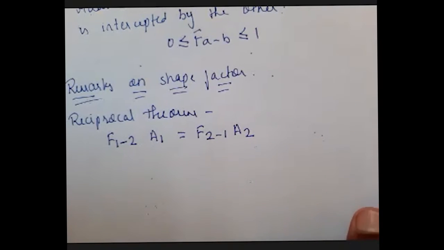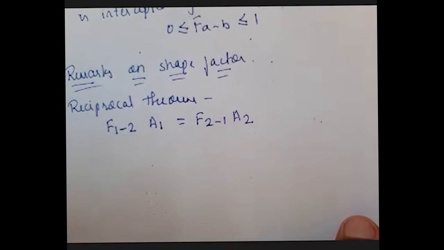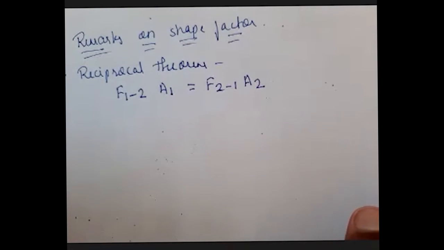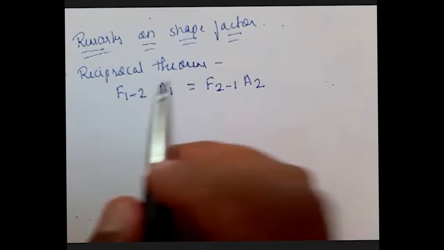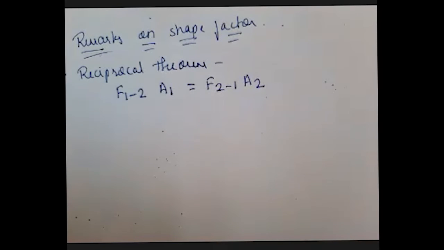So when will that shape factor be unity? Suppose I consider F12, what is the shape factor? The shape factor is nothing but the fraction of the radiation leaving the surface and intercepted by the other surface.